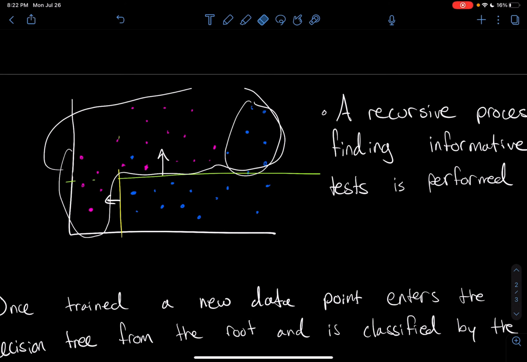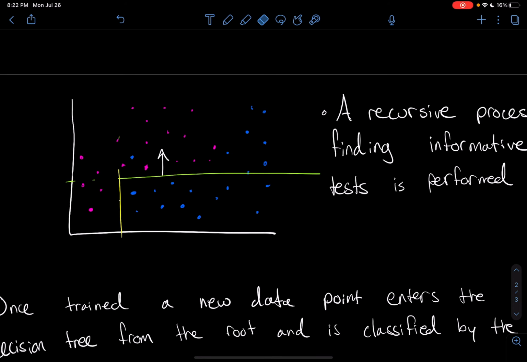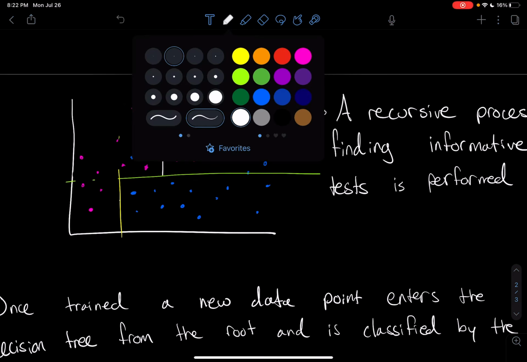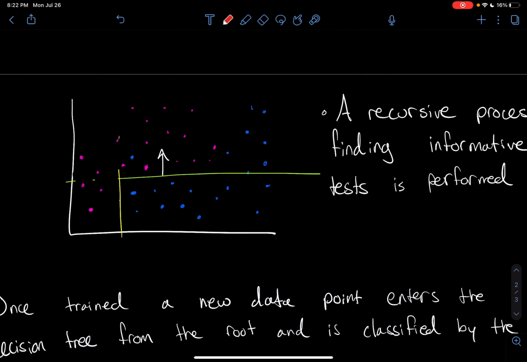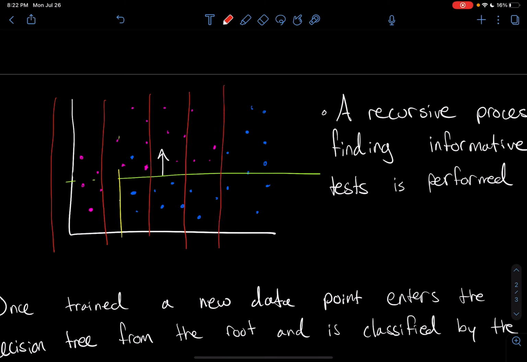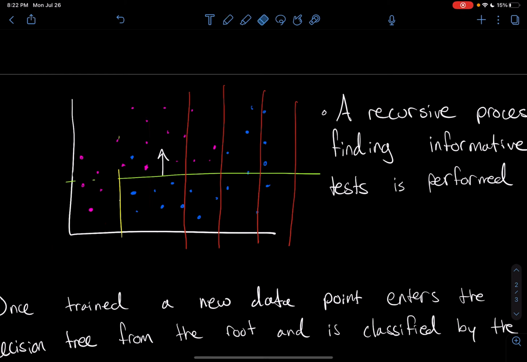So let's pass one more line, one more level of decision making, and that will be this red line here. We will do the same thing as we did with the yellow line. The most informative one here, I'll say, is going to be this last red line right here.